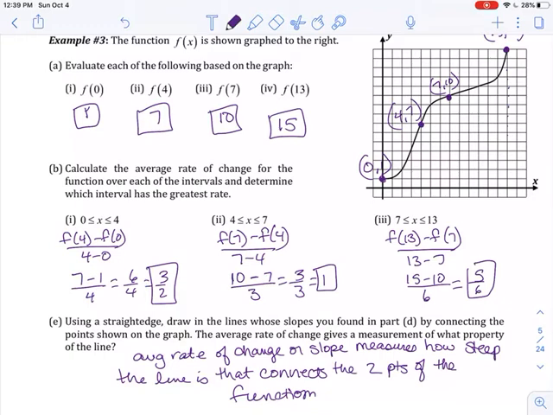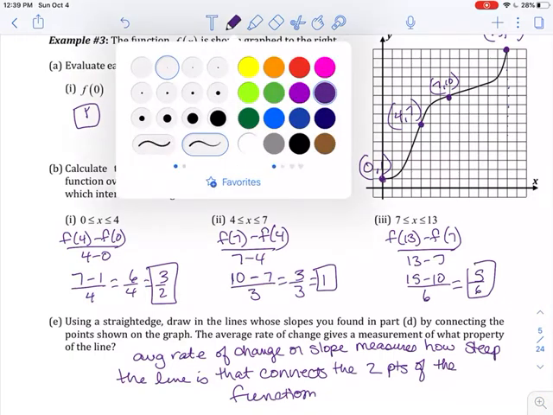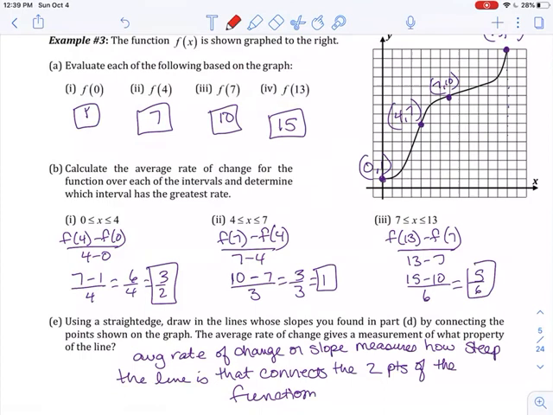All right, so basically I'm taking a ruler and I'm connecting. I will try and draw that as best I can without a ruler. I don't have a ruler here. And I'm just going to connect this one and the last one right here. All right. So the average rate of change is the measure of how steep the line is that connects the 2 points of the function.